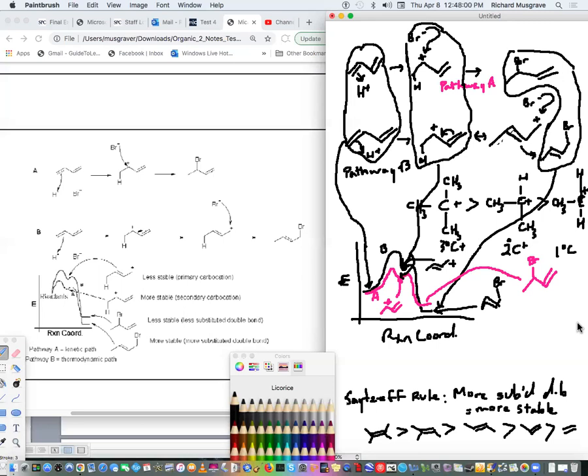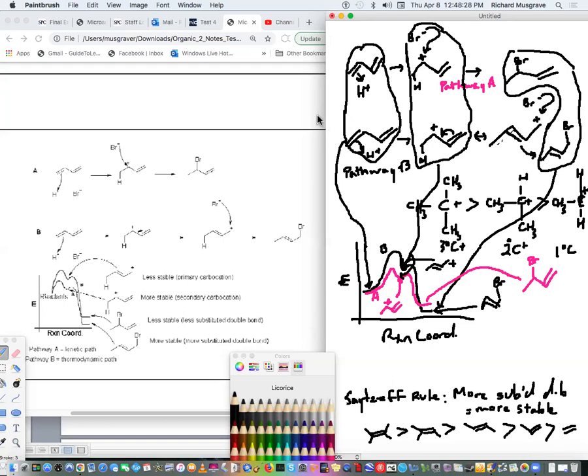Okay. So you'll notice that the pink carbocation is more stable than the black carbocation, but the black alkene product is more stable than the pink alkene product. Is that okay? Yes. Okay. All right, let's see how people feel about the products.